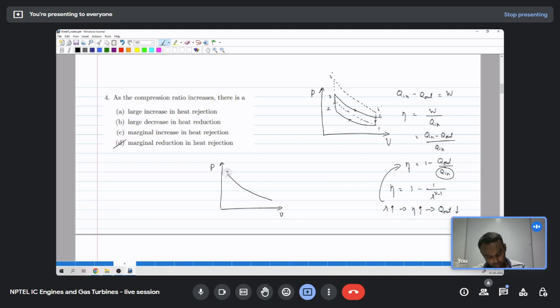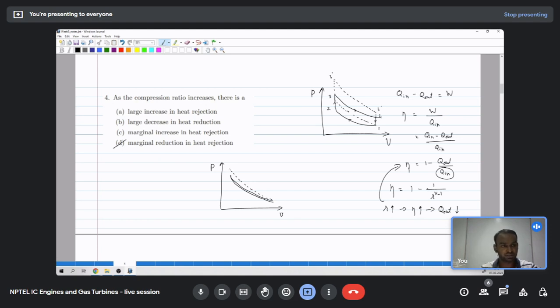So it compresses like this, and then comes back at a slightly lower pressure, because there is some heat rejection during compression and expansion. So while expanding, it will reach a lesser pressure when compared to the compression pressure rise. Now if you increase this compression ratio, you will go to a higher pressure.